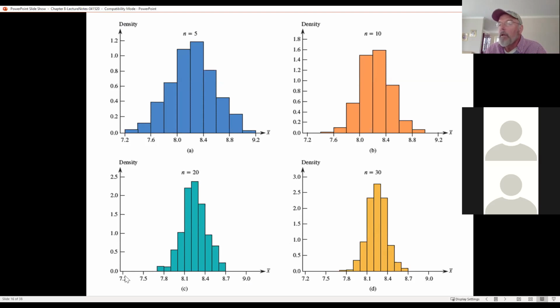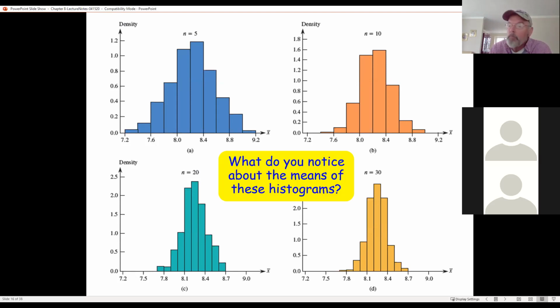It's going from 7.2, but it doesn't go all the way to 9.2. So thinking about a sample size of 20 to 30, we start to see that the distribution is very narrow and symmetrical, due to the size of the sample.